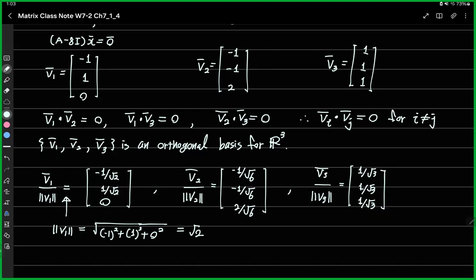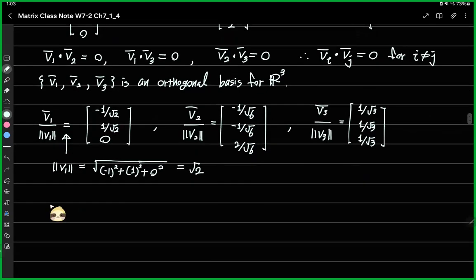All right, so now we construct P. Let me put new names: this is U1, this is U2, and this is U3. Then P is made of U1, U2, and U3.